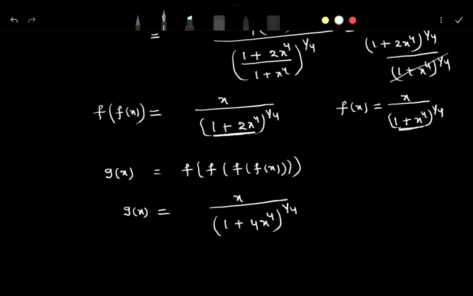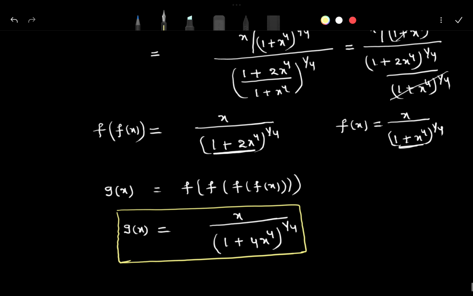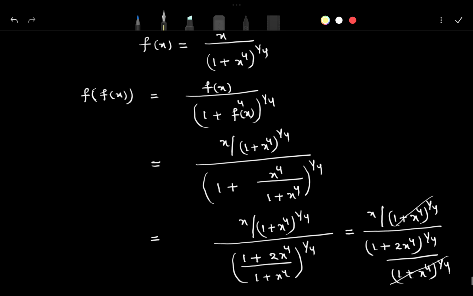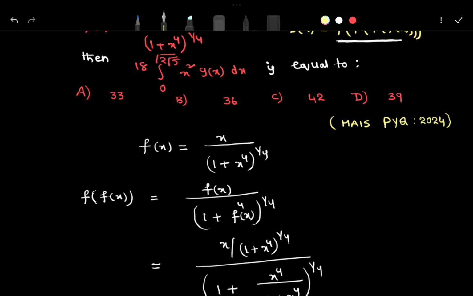I hope that everybody is clear on this value, right? So after this one, what is the required value? What is the required value? So you have to find the integration from 0 to square root of 2 into root 5 of x square into g of x.